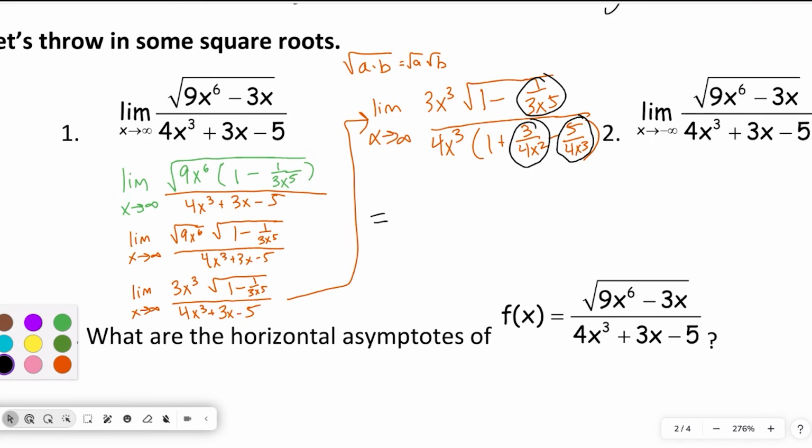And also, we've got a factor of x cubed on the top and the bottom, so we can reduce those x cubes to 1. So now this is going to simplify really nicely and give us 3 times the square root of 1 over 4 times 1, which is just 3 over 4.